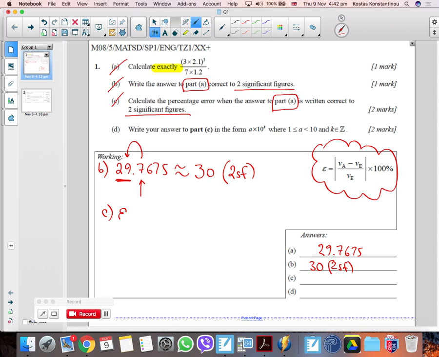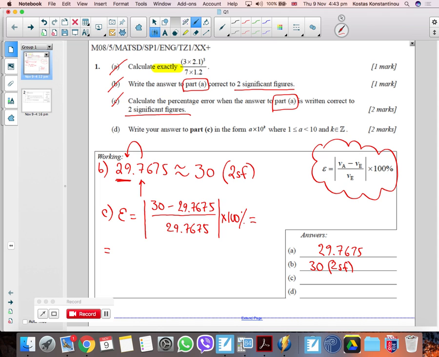So in this situation, error is absolute value. The approximate value, which is 30 in this case, minus the exact value, which is the answer of part A, 29.7675, over, again the same thing, 29.7675 times 100%. That's what I see on my formula.